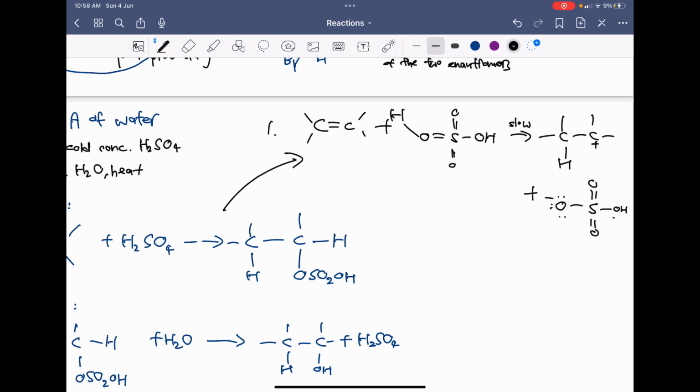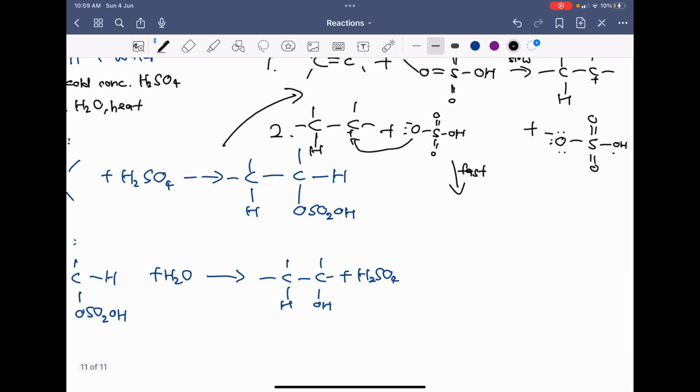And then your second step is where you... sorry for the mess, I know it's a bit messy, I did not plan this space properly.